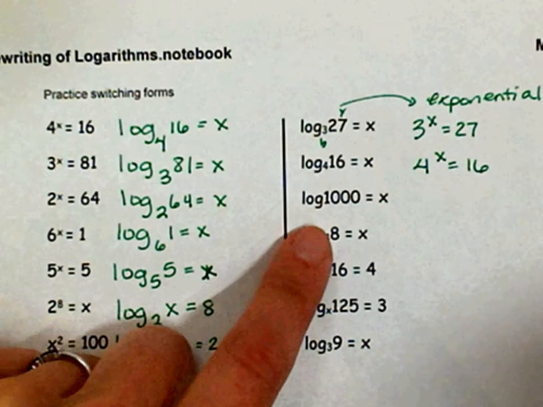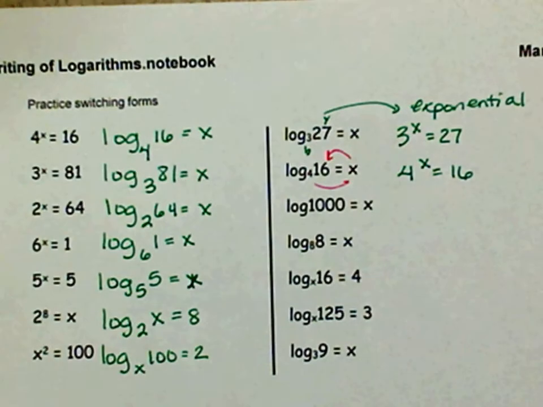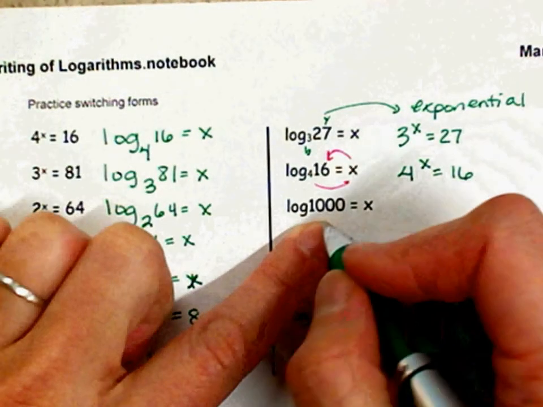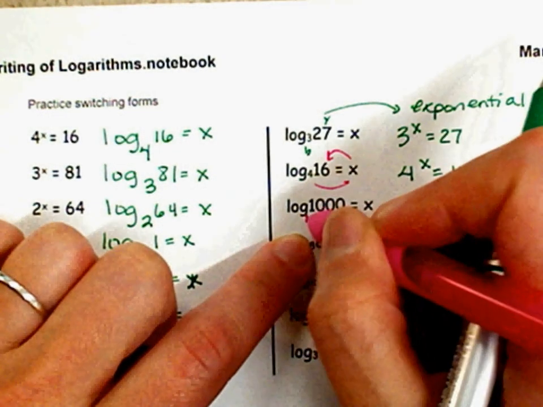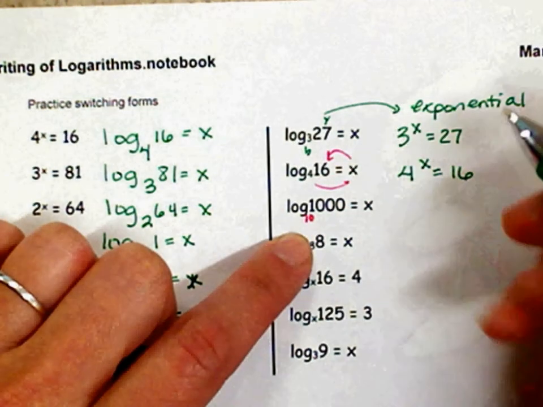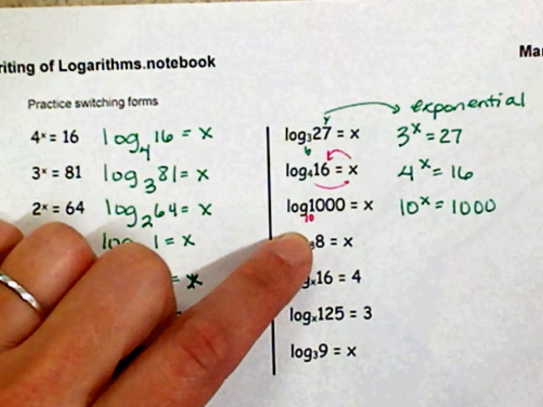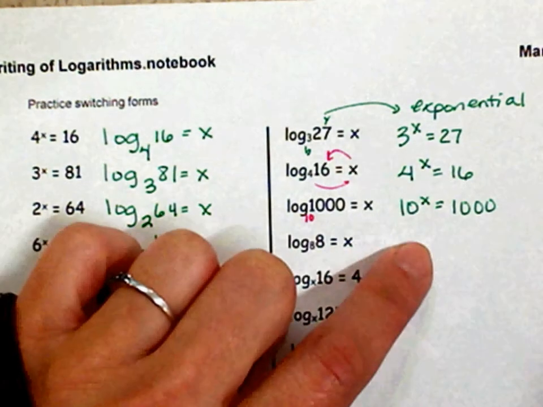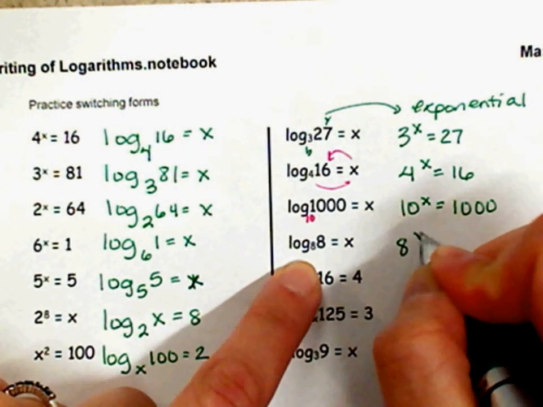Notice how this helps me, but another way helps you, do it the other way. Next one, now take a look. This one doesn't have a base, and when there's not a base, it's understood to be a 10, okay? So 10 to the x equals 1,000. So if you got a log, rewrite it without the log, okay? 8 to the x is equal to 8.